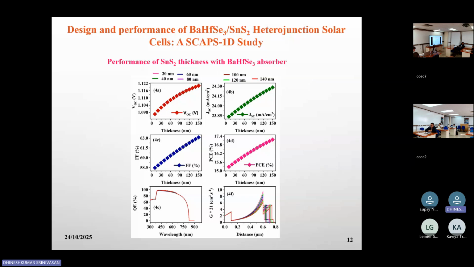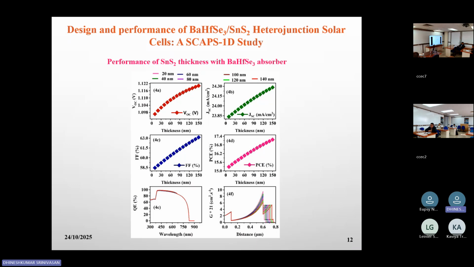However, the simulation suggests that a tin sulfide thickness of approximately 150 nanometers provides the best balance, delivering high efficiency, strong carrier collection, and favorable optical and electrical properties. Careful thickness optimization is therefore vital for high performance barium hafnium selenium solar cells.